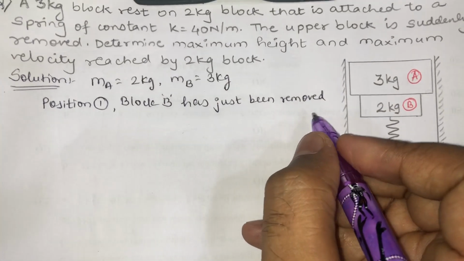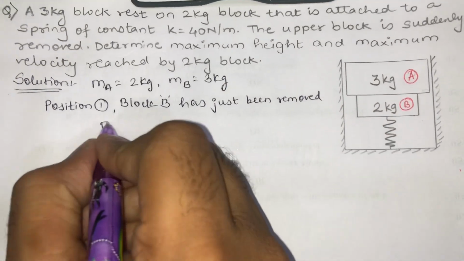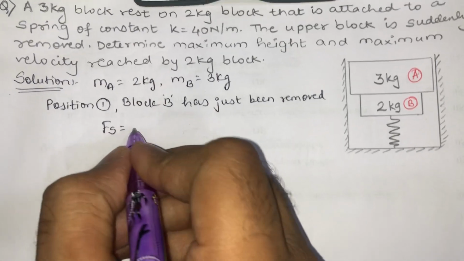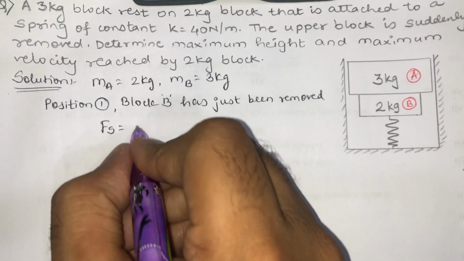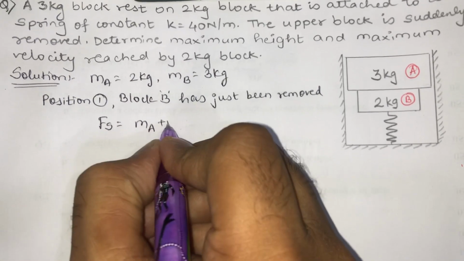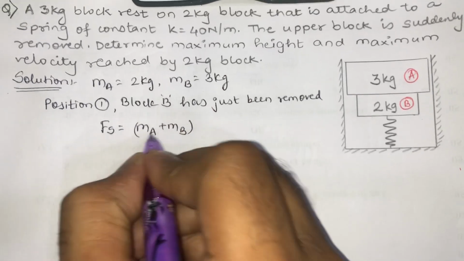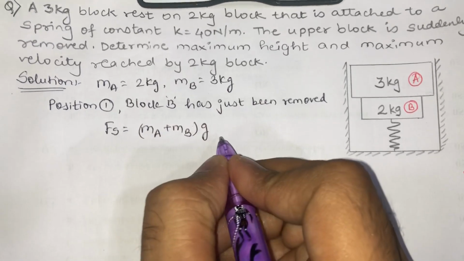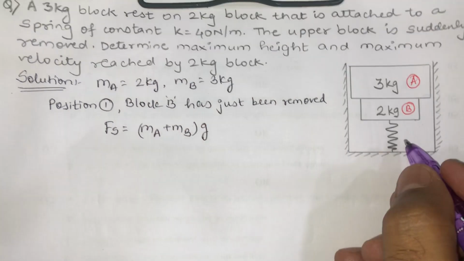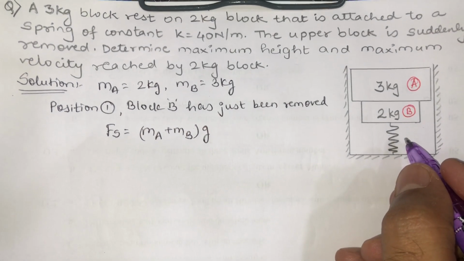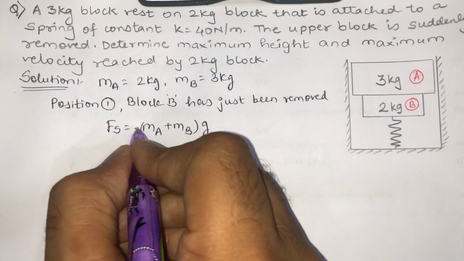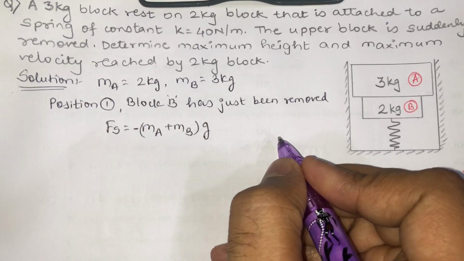If this is the case, then what is the condition? If I'm talking about the spring force, it is M into G, basically (MA plus MB) into G. And as the spring force reacts in the opposite direction, it has a negative sign.